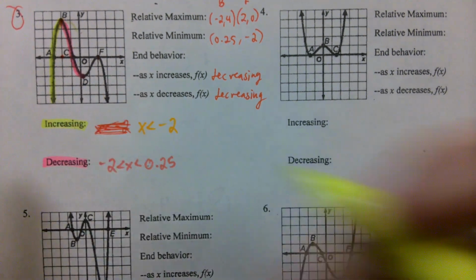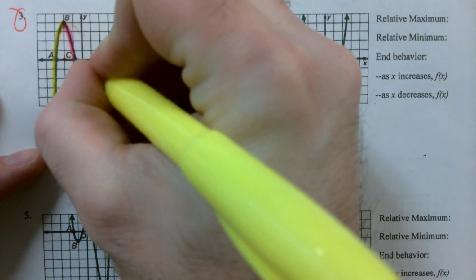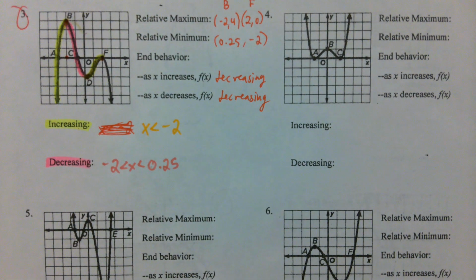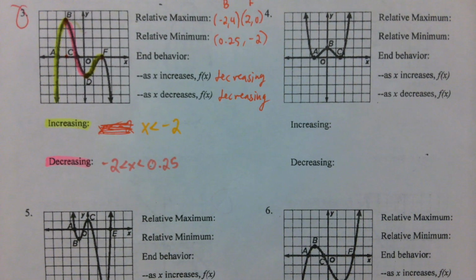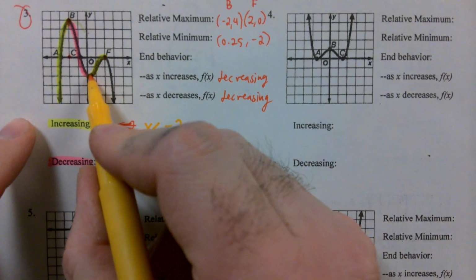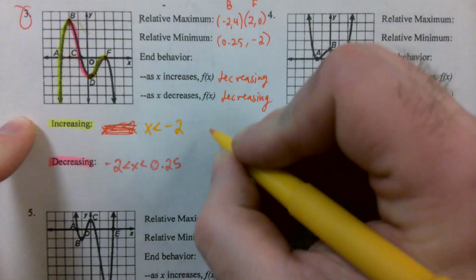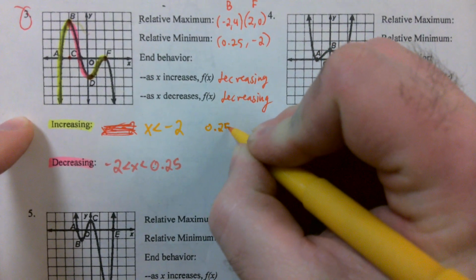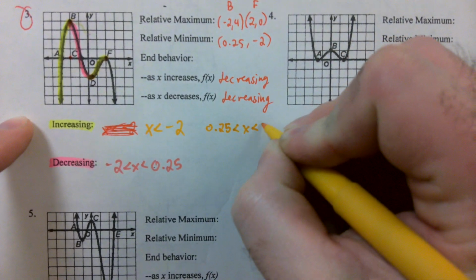I must be increasing all the way up to point F. So in that little yellow section, where do I start? On the far left. 0.25, and I go all the way to 2. So 0.25 less than x less than 2.